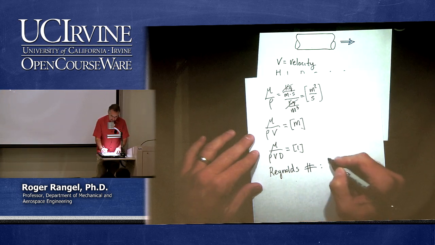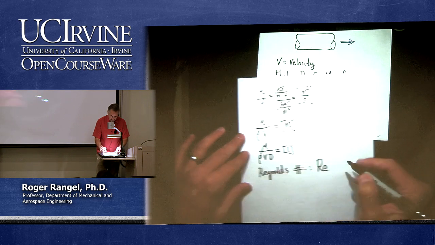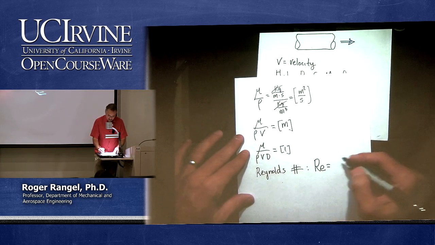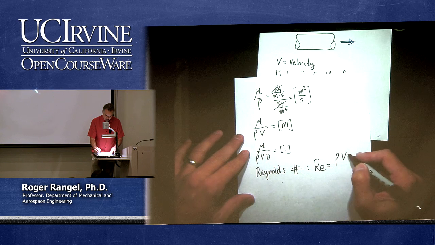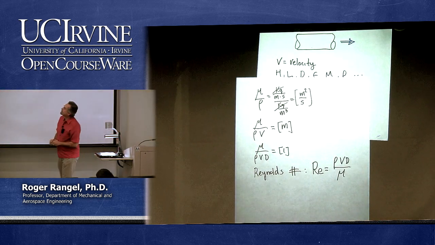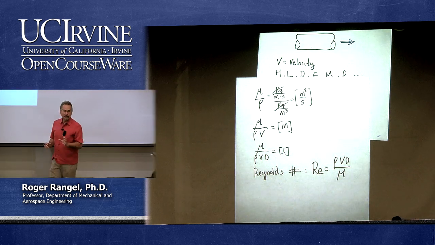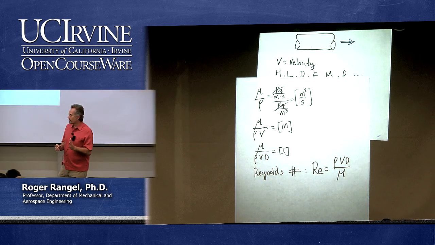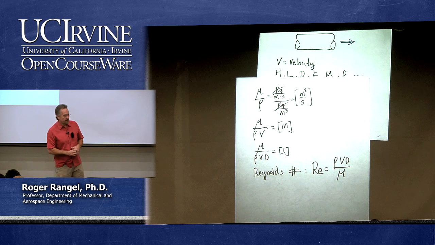So the Reynolds number, symbol Re, is precisely the inverse of that. So it's rho v d over mu. And that parameter is perhaps the most important parameter in fluid mechanics.